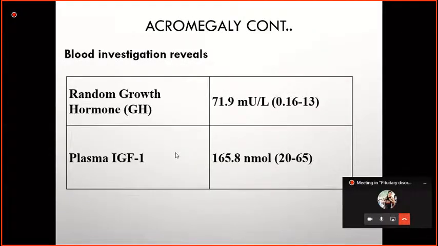In the investigation, the random growth hormone level was high, and plasma IGF-1 was also high. What is the relationship between growth hormone and IGF-1? Your growth hormone stimulates the production of IGF-1 from the liver.